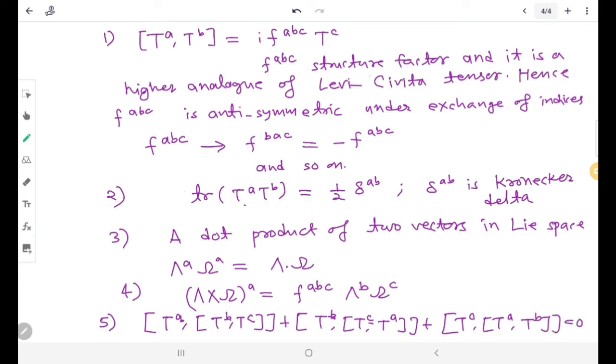Broken down in terms of the structure factor, the Jacobi identity looks like this: f^{BCM} f^{MAN}, and then f^{CAM} f^{MBN}, and then f^{ABM} f^{MCN}. I'm sorry, it should be MNC.